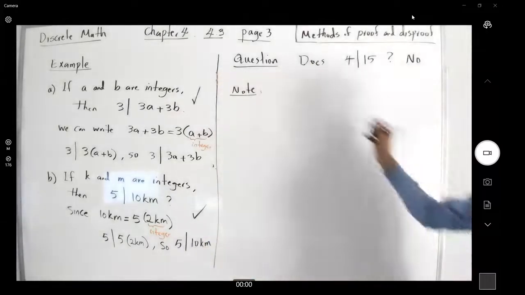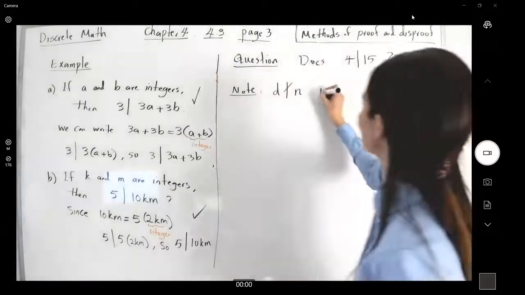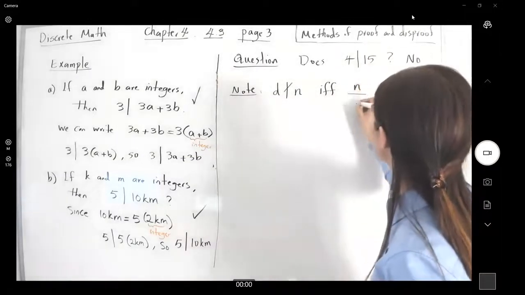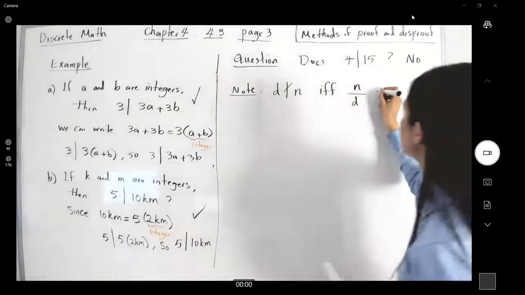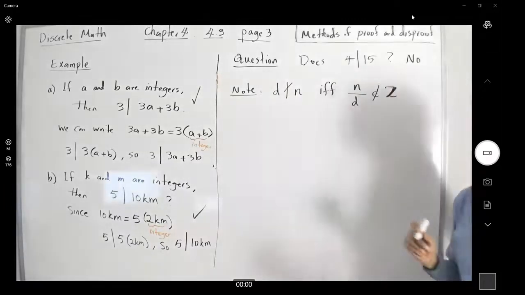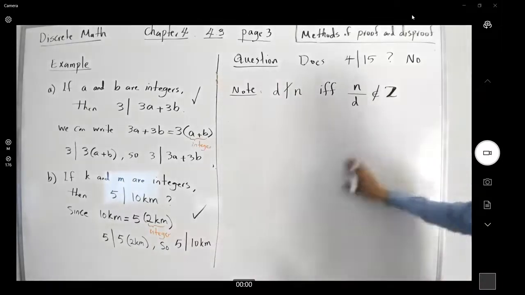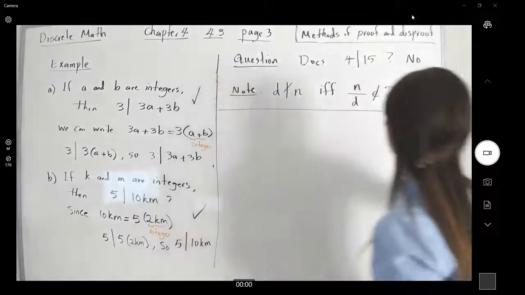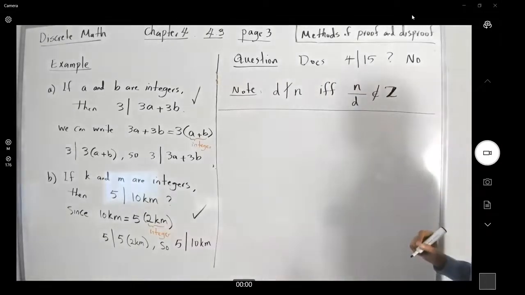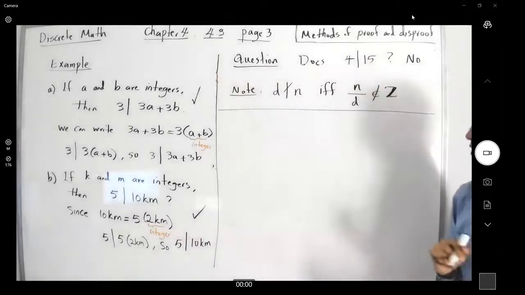We say that D doesn't divide N if and only if when you do the division N divided by D, the outcome is not an integer. It means that the division has a remainder. The remainder is non-zero. You can say that, hey, 15 divided by 4 is not an integer, therefore 4 doesn't divide 15.